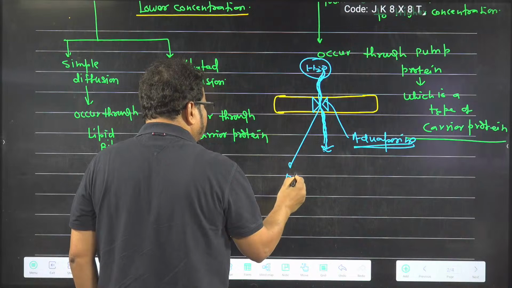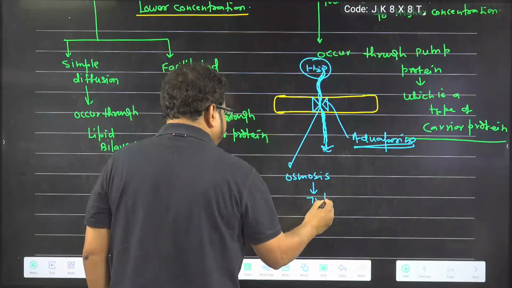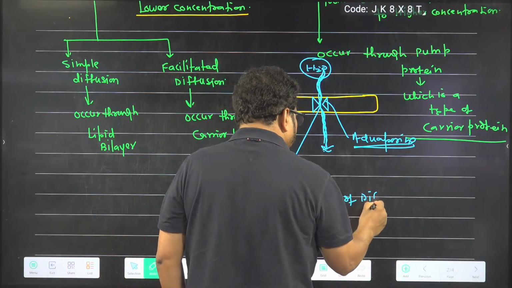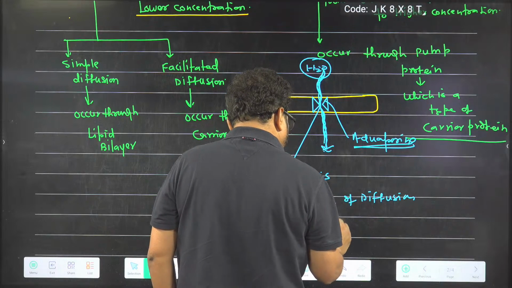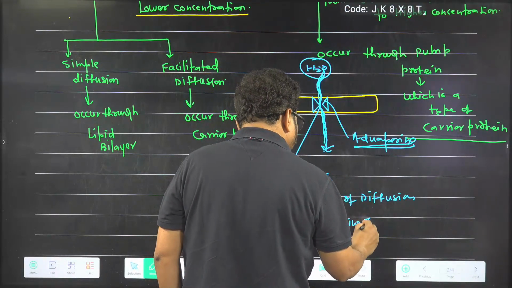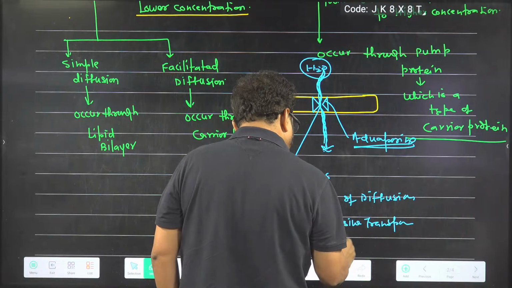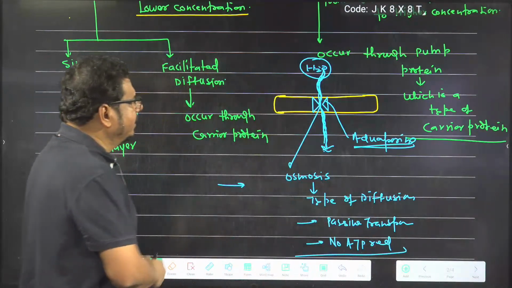This phenomenon is called osmosis, and it is a type of diffusion. If it is a type of diffusion, will energy be required or not? In transport of water, no energy is required. It is passive transport. No ATP is required in water transport. Are you getting the idea? Did the picture come to mind or not?